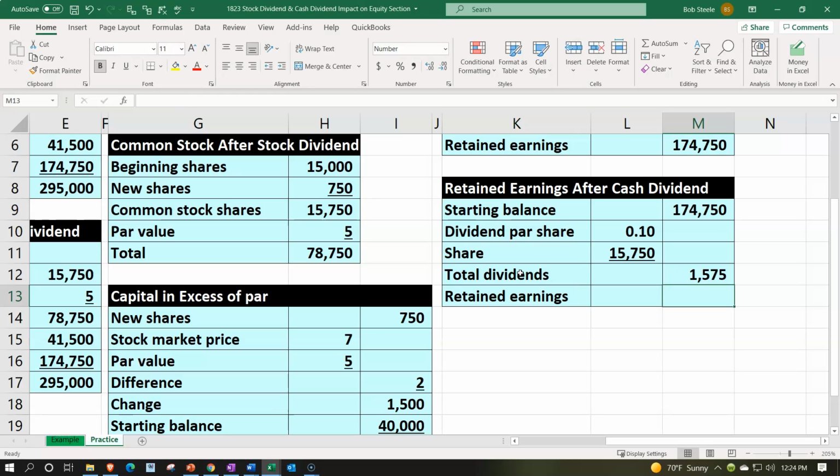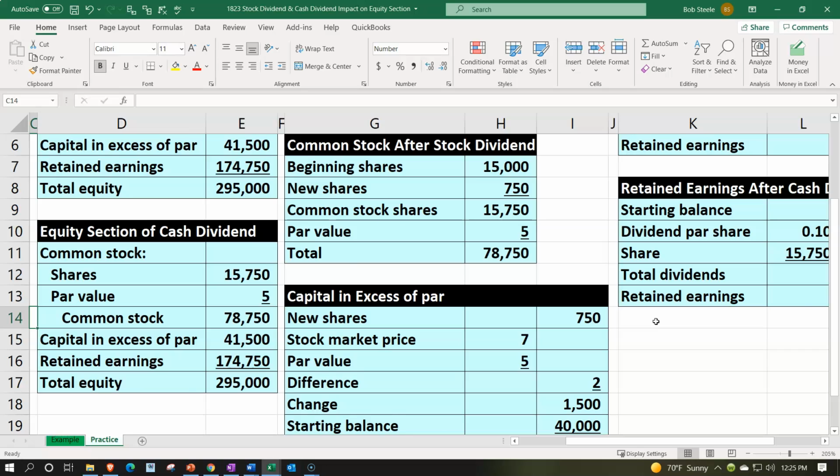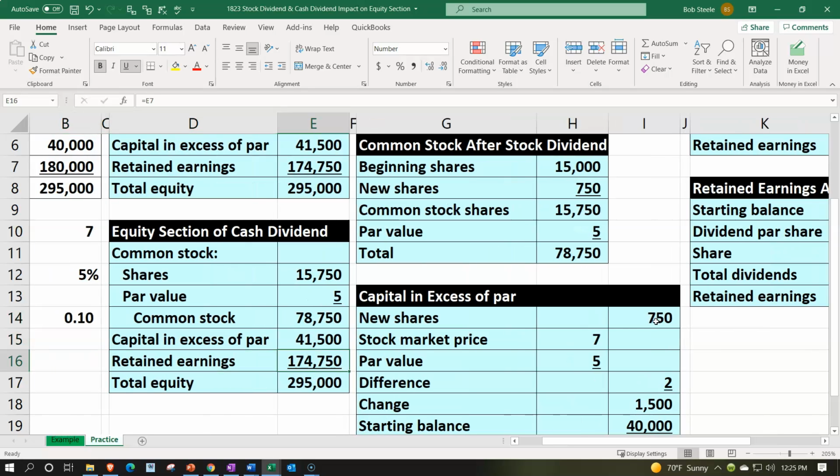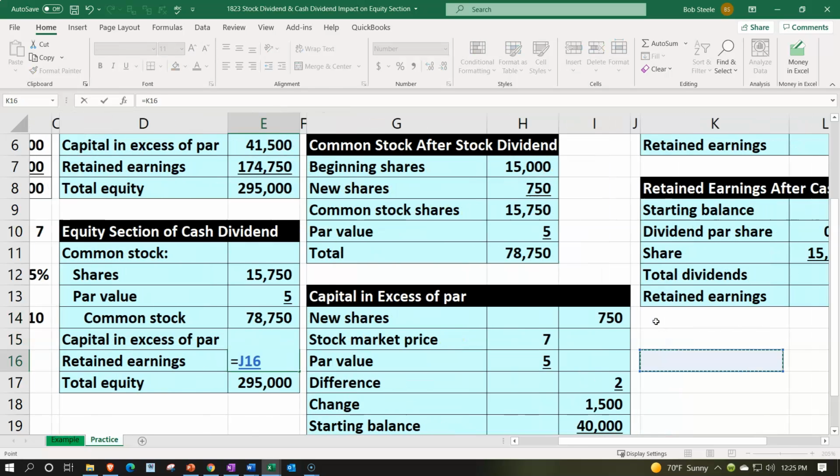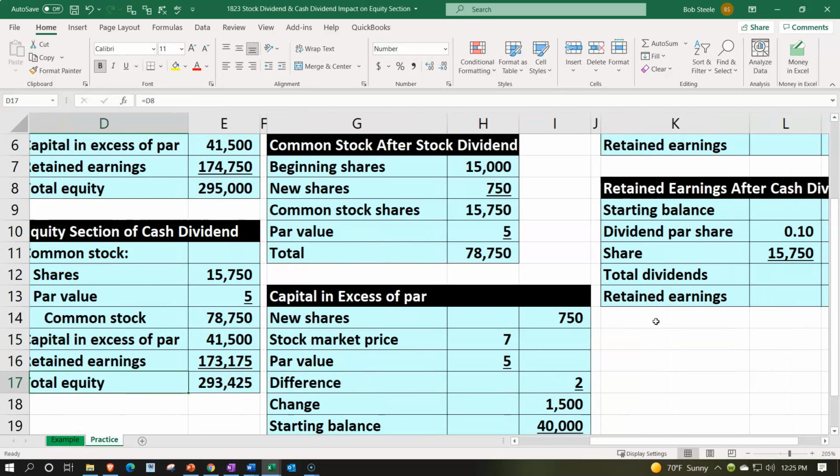New retained earnings is going to be then equal to the 174,750 minus the dividends that were given out, because they're no longer retained after we give them out. Now they're not retained anymore. And so we're at the 173,175. So let's put that in our second section. That's what this new retained earnings will be. That's our ending balance here.